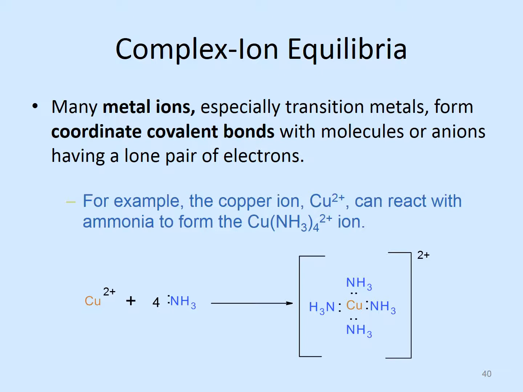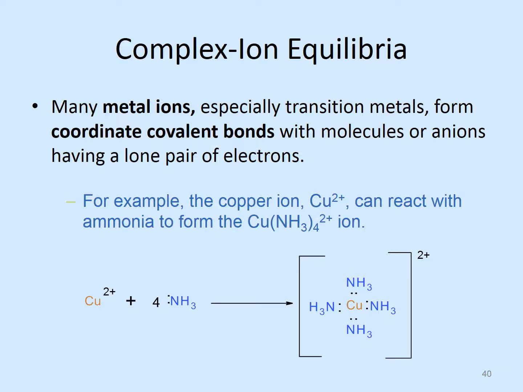Four of them can coordinate with the copper to make this ion, which is called a complex: copper with 4 NH3s, but it's still 2+. So it's not a precipitate, but it forms what we call a complex ion. And that one turns a real bright royal blue, if you remember that lab.